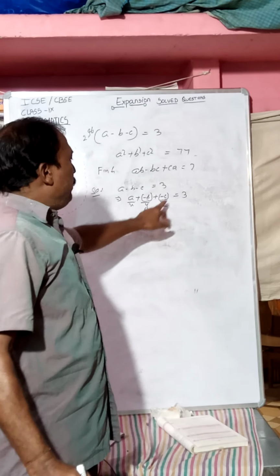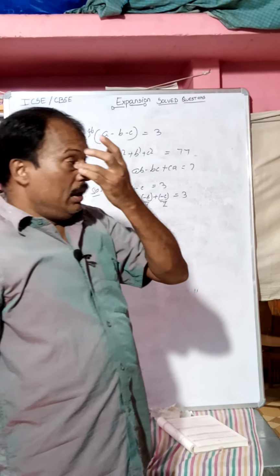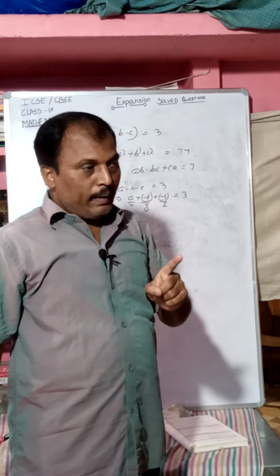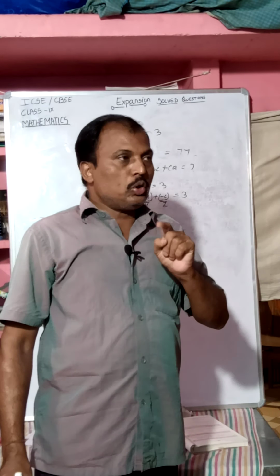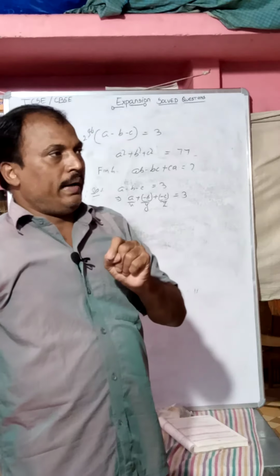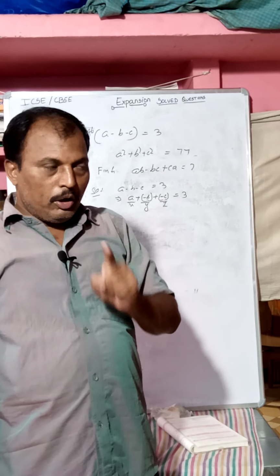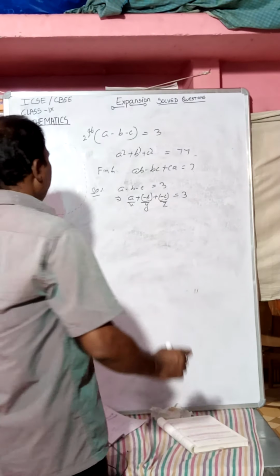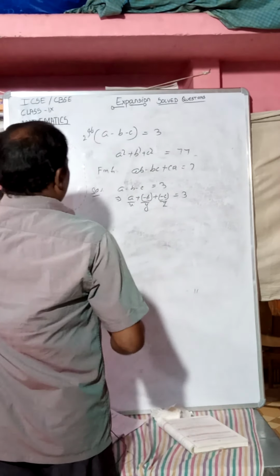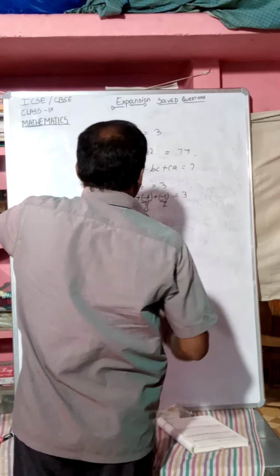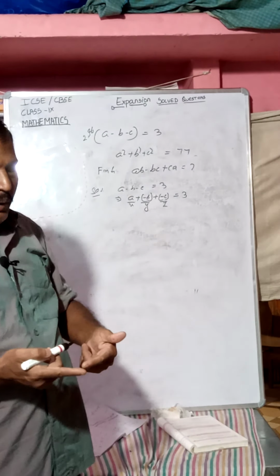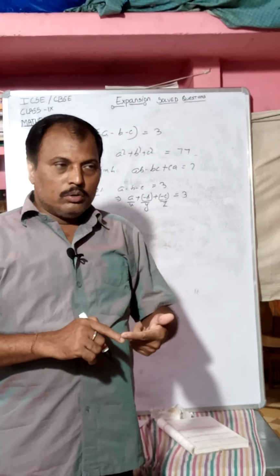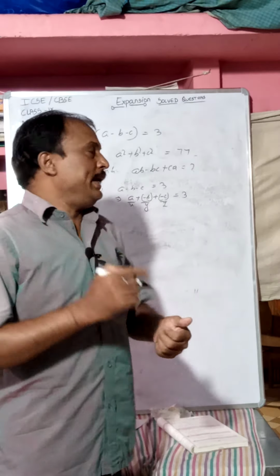(x plus y plus z) whole square is equal to x square plus y square plus z square plus 2xy plus 2yz plus 2zx. Now turn into 2 into (xy plus yz plus zx).